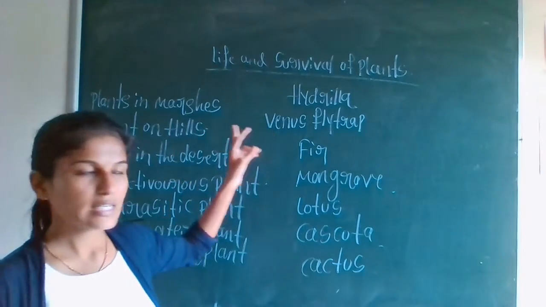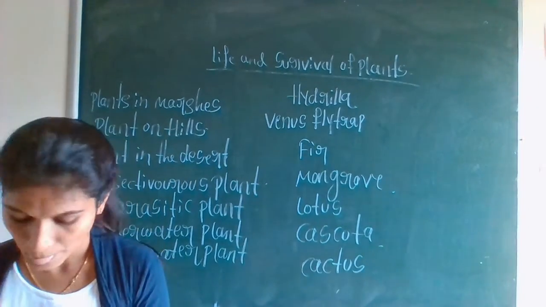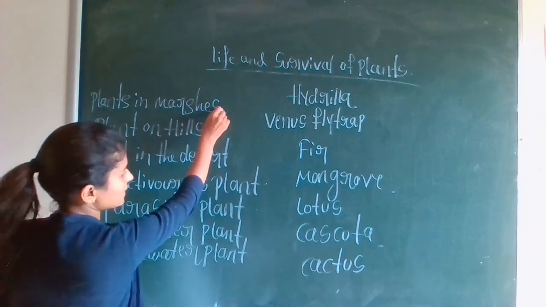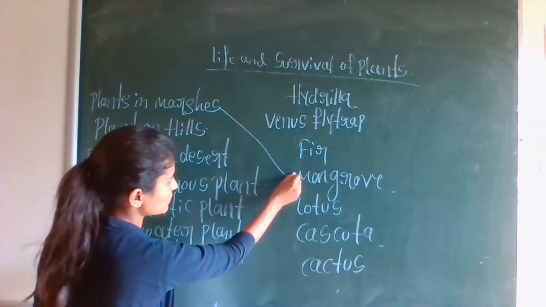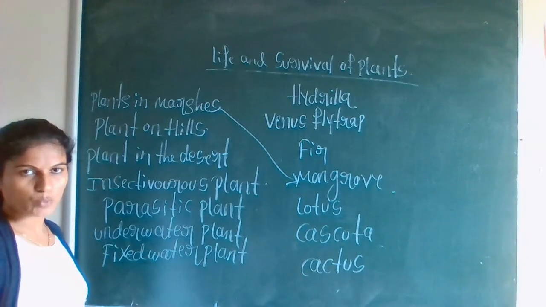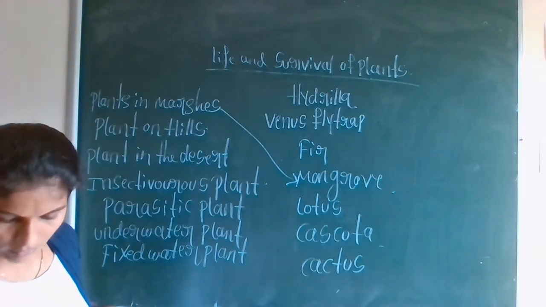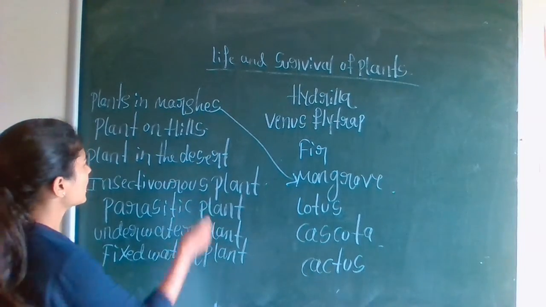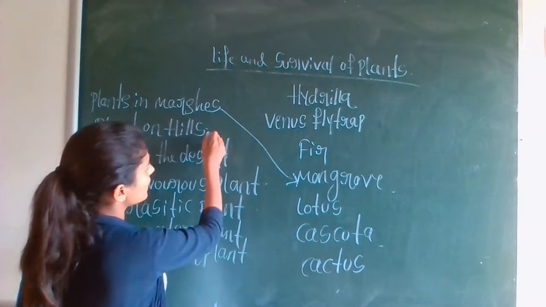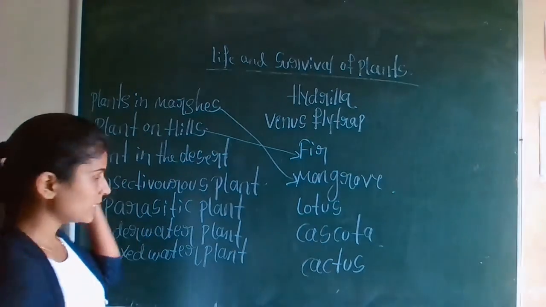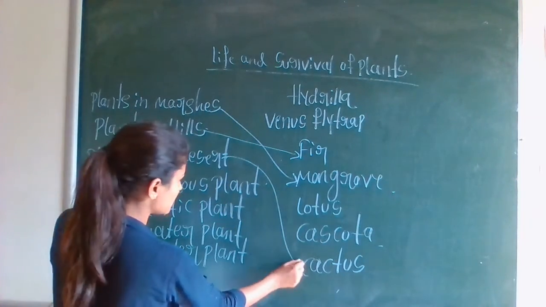First one is plants in marshes. Which kind of plants can you see in the marshes? That is mangroves. Next, plants on hills. Which kind of plants can you see in the hills? That is fir. Next, plants in the desert is cactus.